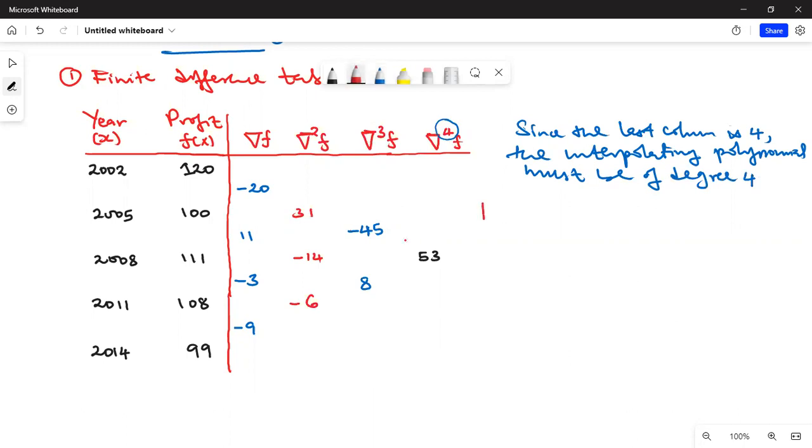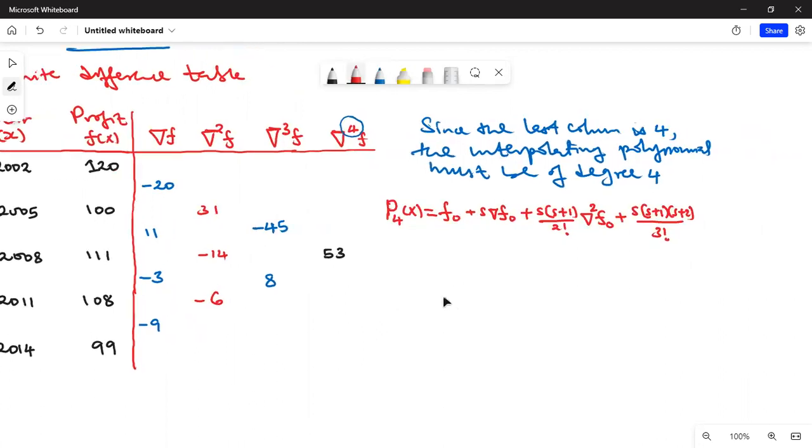So we call it P subscript 4 of x. That will be f naught plus s backward difference of f naught plus s plus 1 over 2 factorial, second backward difference of f naught, plus s plus 1, s plus 2 over 3 factorial.